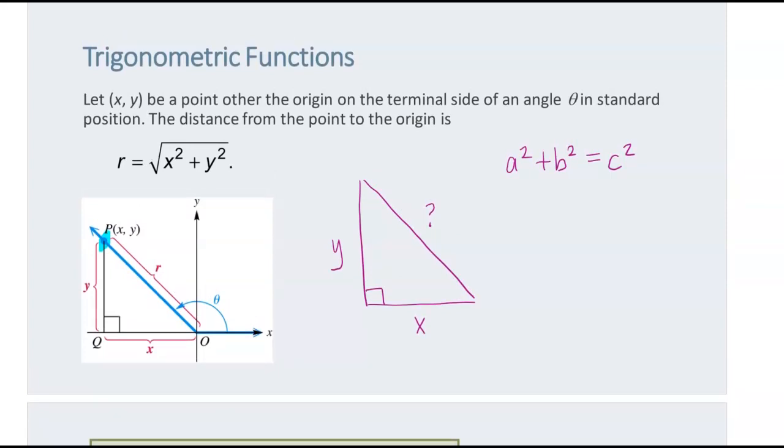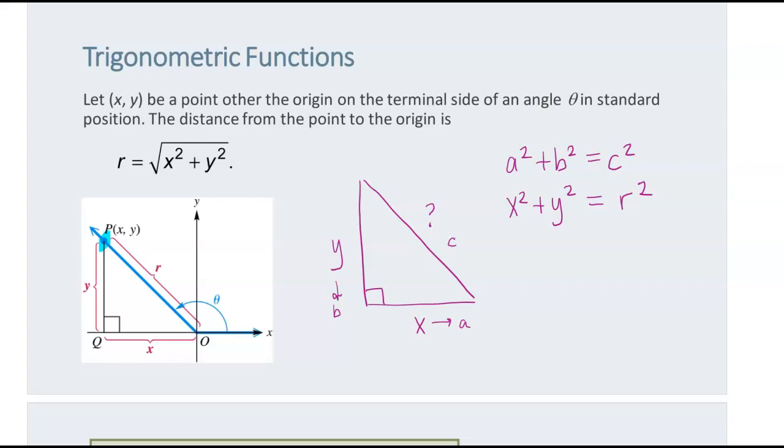So making an exchange here, we'll say a variable exchange. Let's say that this is in the position of A, and this is in the position of B, and this is C. We'll rewrite it as x squared plus y squared equals r squared. Because instead of being C, we're going to have that be r, the eventual radius.